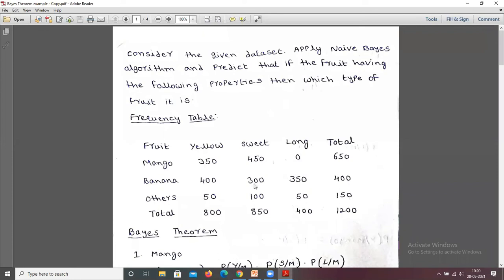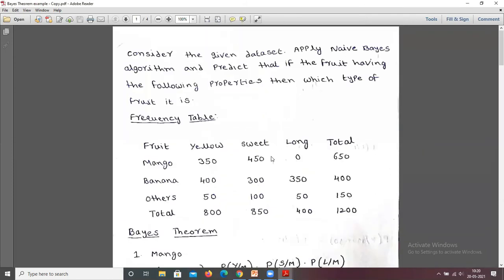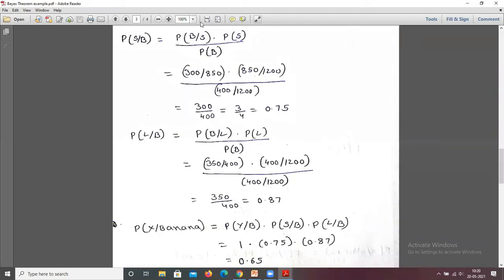So banana 300, S value 850, so 300 by 850. And P of S, sweet, is 850 by 1200, by P of B equals 400 by 1200. If you calculate this, we get 0.75 as the answer for P of S by B.